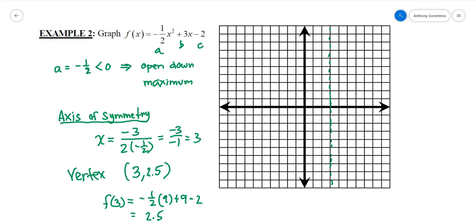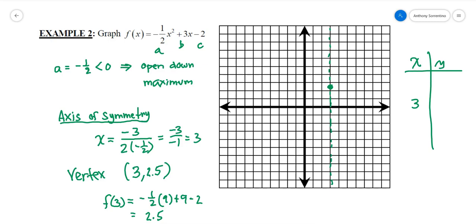So at 3, 2.5, which I'll say is right here, that's where my vertex is. Hopefully you're seeing it, because the arrow's guiding and I'm making that plot rather big. So I have one point that's on this graph already. That's the vertex.